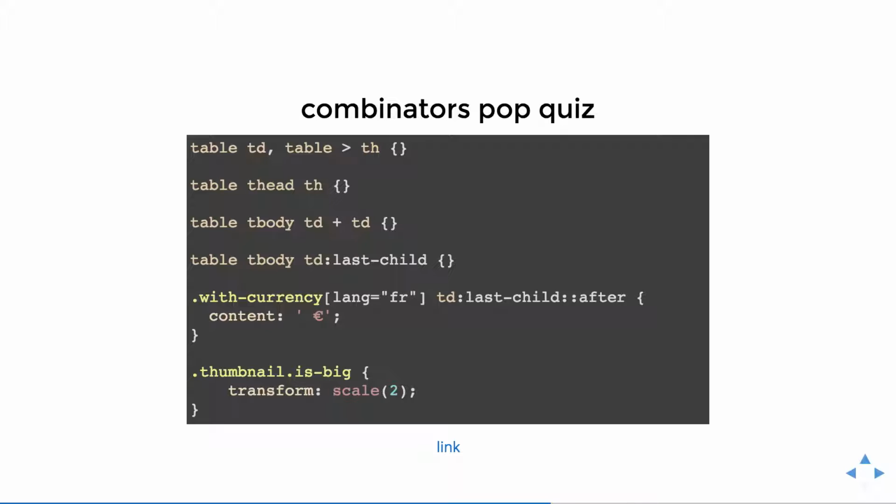Okay, who wants to do this one? Blake: It creates a pseudo element after the last child, the last TD in a row, that is a descendant of something that has a class with currency and the attribute language equal to FR. Good. So we have a class selector with currency that has to have a language attribute where language equals FR.